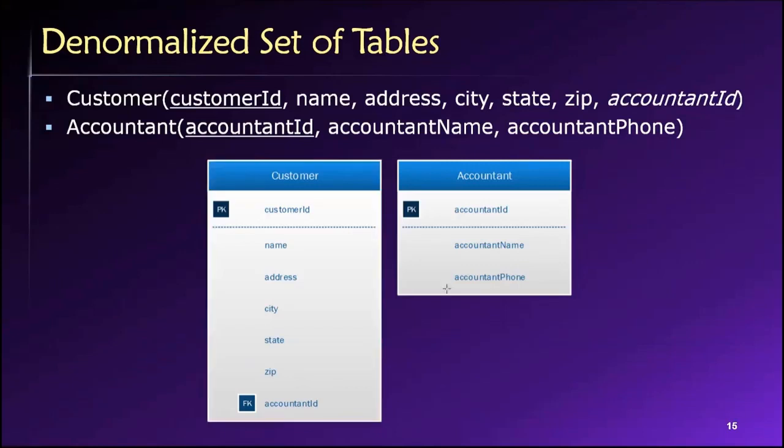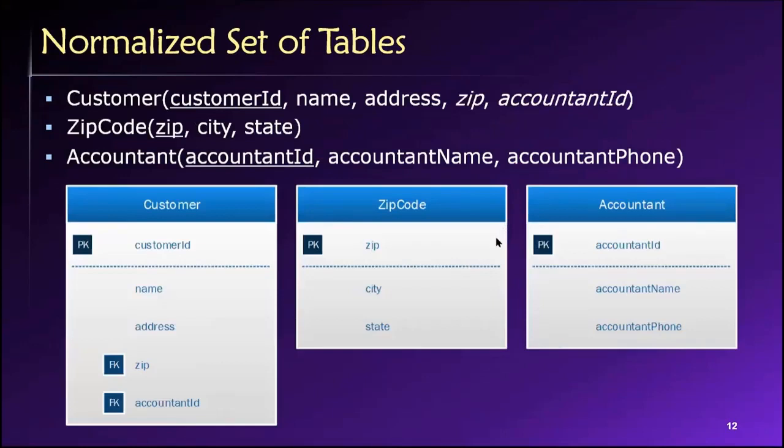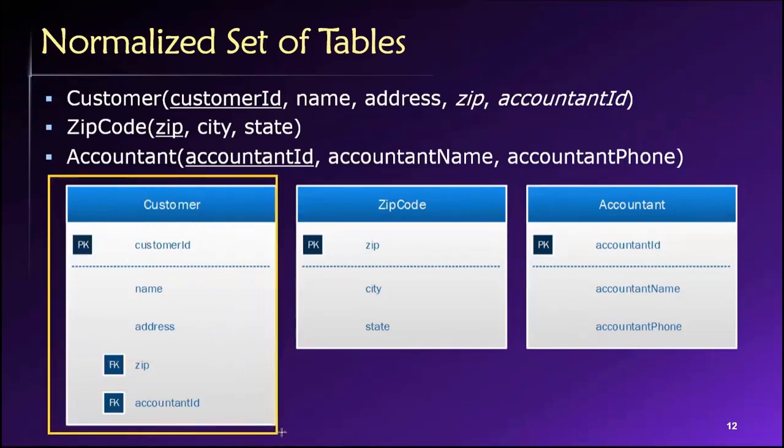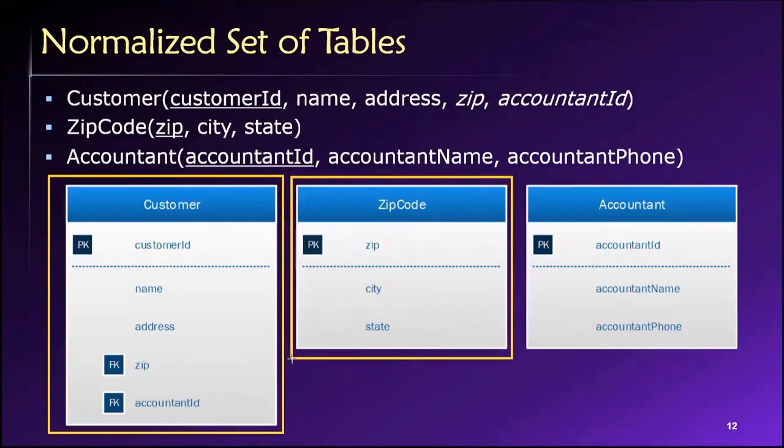Whereas with our fully normalized design, like we saw here, if I wanted to get the customer's address information, I would need to look in 2 tables and do a join to do so, right? So in this case, I would get part of it from the customer table and part of it from the zip code table.